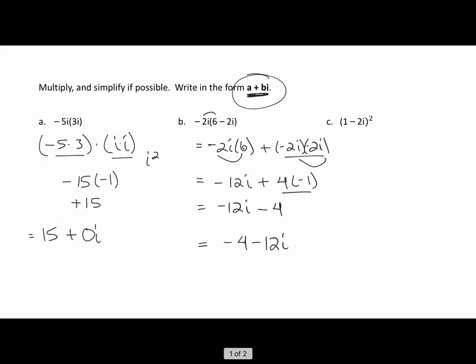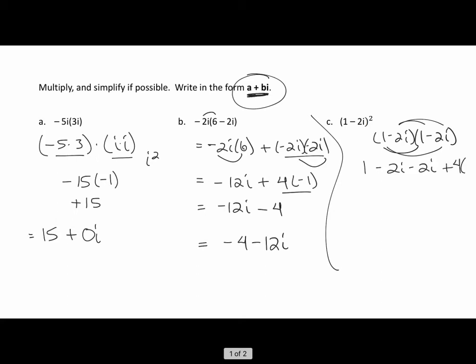For c, 1 minus 2i is being multiplied by another 1 minus 2i. So we're going to distribute each term to each term. 1 times 1 is 1. 1 times negative 2i. Negative 2i times 1. And negative 2i times negative 2i we just saw was positive 4 times i squared, which is negative 1.